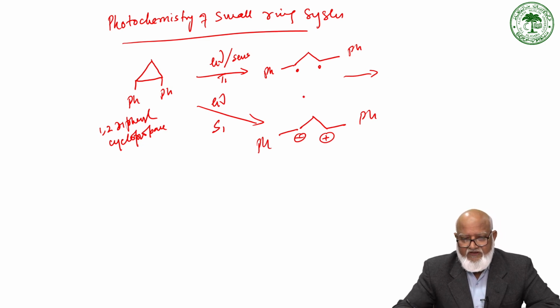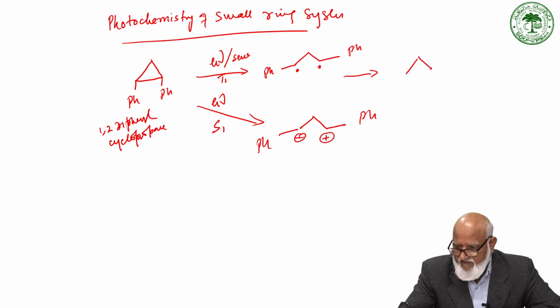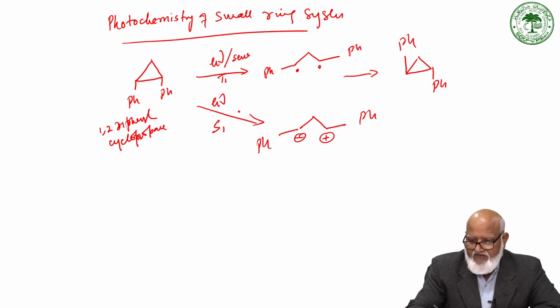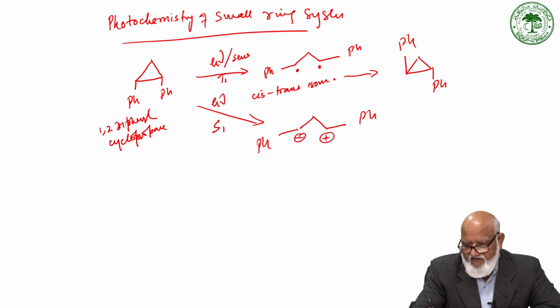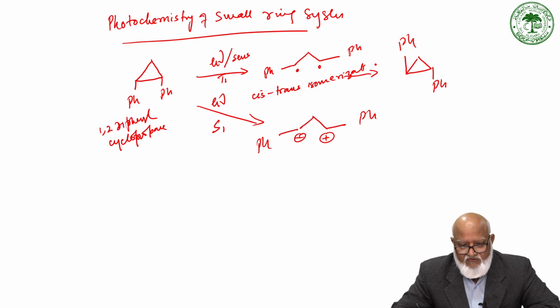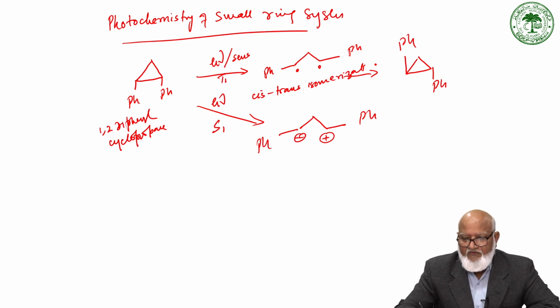Of course, when the ring opens up, free rotation is possible, and it has been found to give the trans isomer. So cis-trans isomerization of cyclopropane occurs on sensitized photolysis of the cyclopropane ring, going via a radical triplet excited state, which in turn goes via a dipolar species.